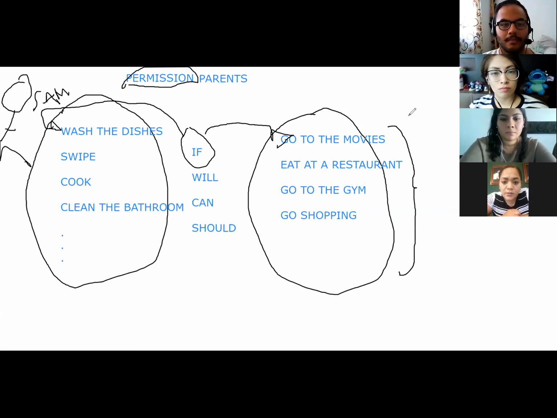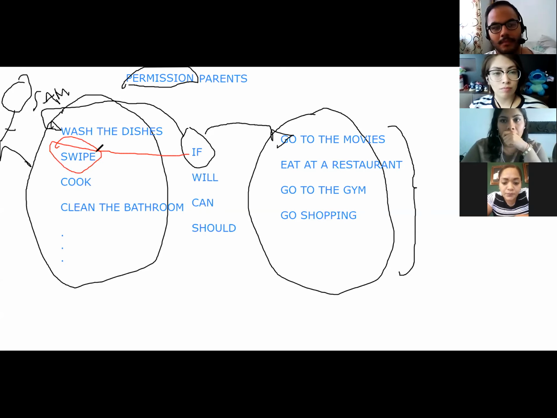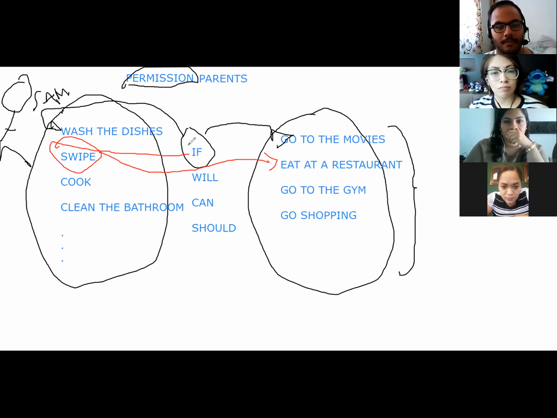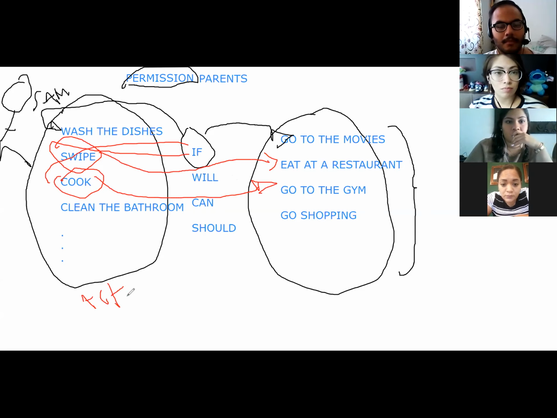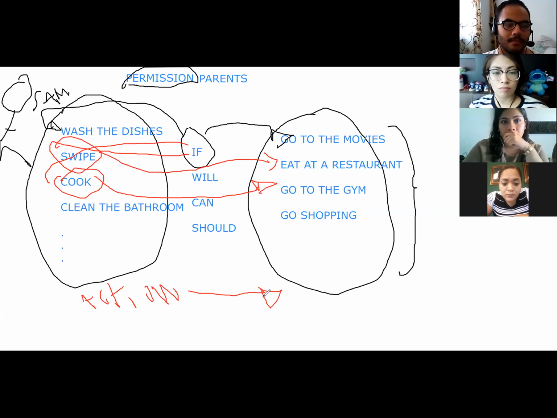If she cleans the house, she can eat at a restaurant. If she cooks today, she will go to the gym. This is the action, and this is what? A reaction, the result.